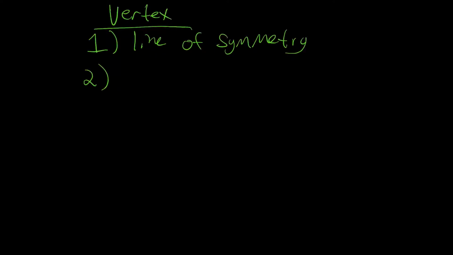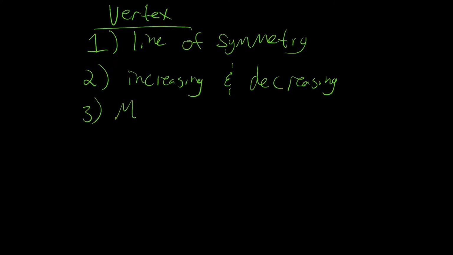Two, it helps us see where it's increasing and decreasing. It gave us that kind of defining point where it switched. Oh, it also tells us maximums and minimums. So that vertex point is super important.